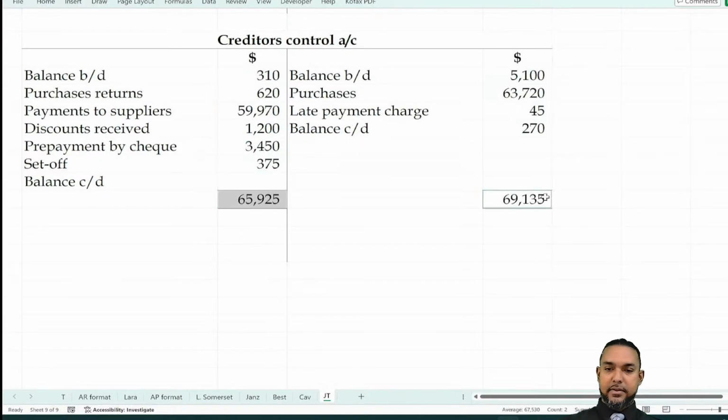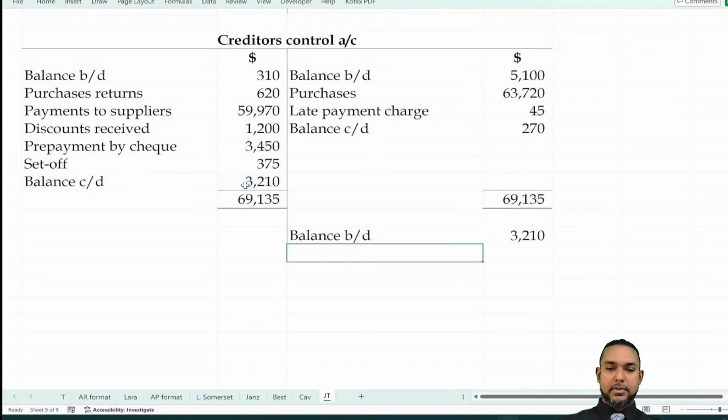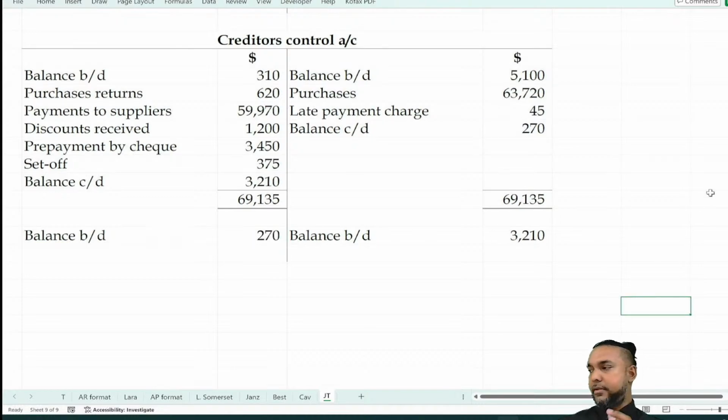Right. So we have 69 on this side, 65, which is a little less than 4,000. So 69 minus the sum of 3210. So balance brought down on that side, and then balance brought down, D5. So that's the creditors control.